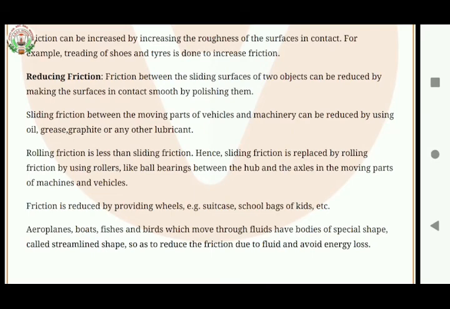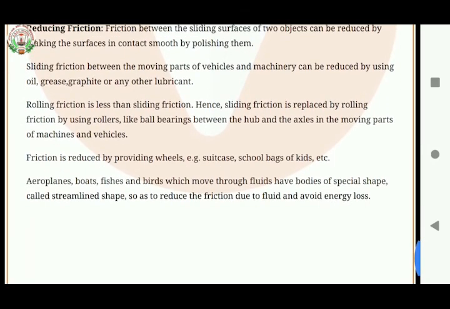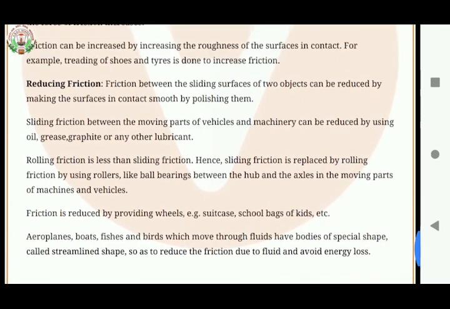The shape of fishes and birds is called streamlined. So it reduces the friction and avoids energy loss.